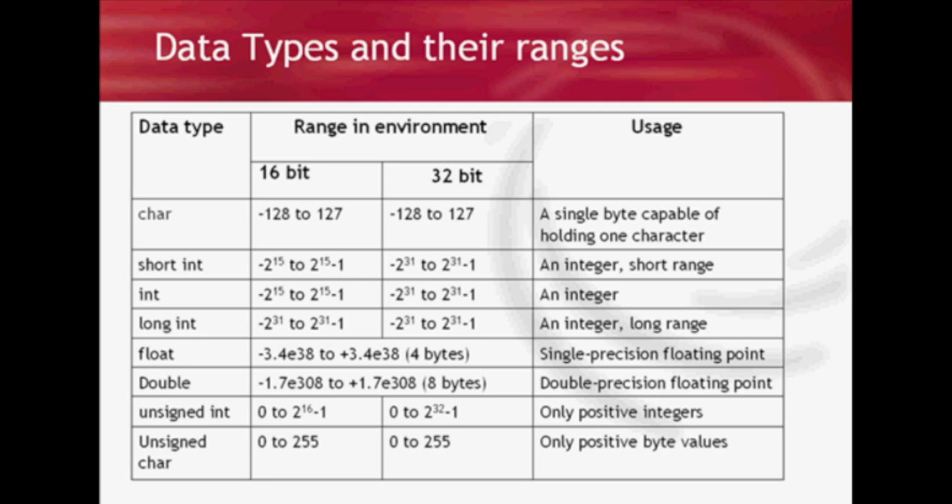Unsigned integer will allow only positive integers, and the range is from 0 to 2 to the power 16 minus 1 in a 16-bit environment, whereas in a 32-bit environment it is 0 to 2 to the power 32 minus 1. Unsigned character. In both 16-bit and 32-bit environments, the range is the same, that is 0 to 255, which allows only positive byte values.